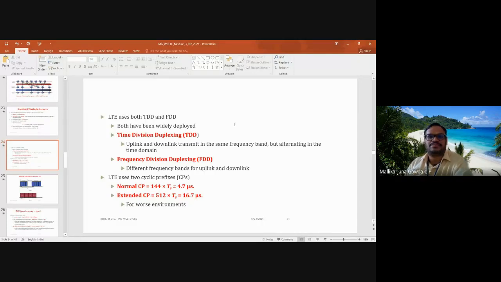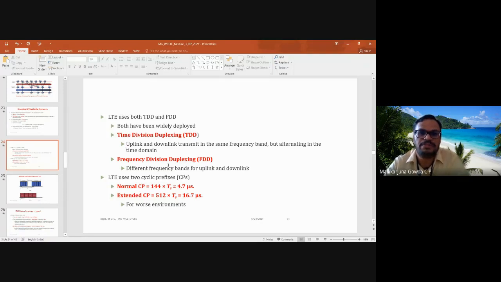So what I said, in case of TDD, the uplink and downlink transmission happens on the same frequency, but at different times. That is why it is called time division duplexing. In case of FDD, that is frequency division duplexing, uplink and downlink will happen at a different frequency band. That is what you are supposed to understand.